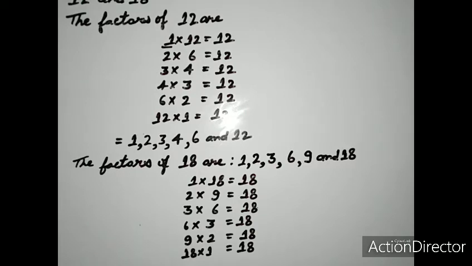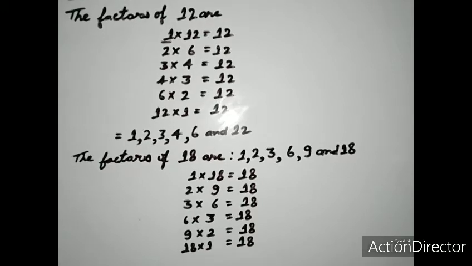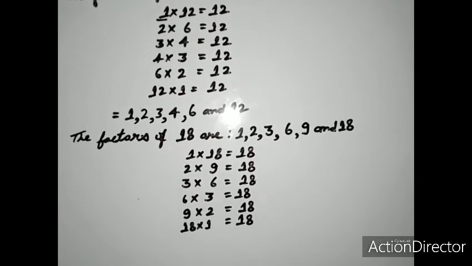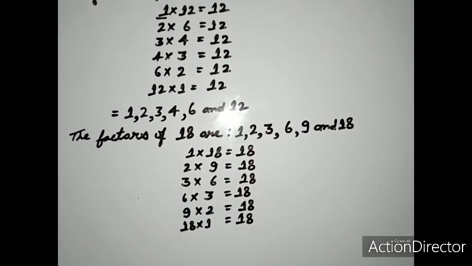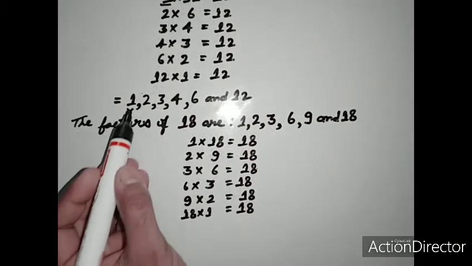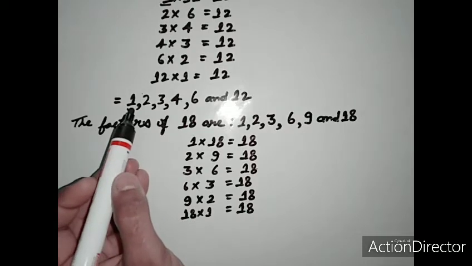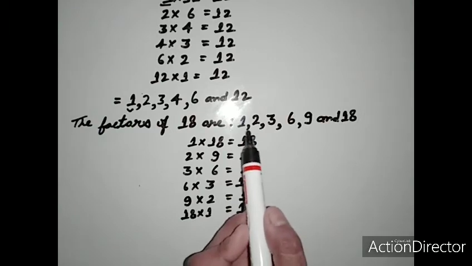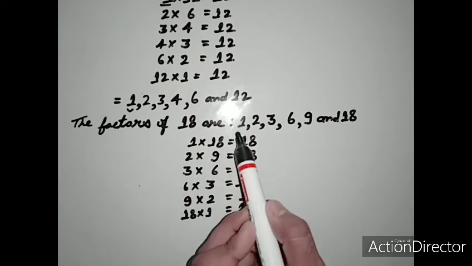Okay, now we write the common factors of 12 and 18. First we check 1 in the factors of 12, then we check in the factors of 18.